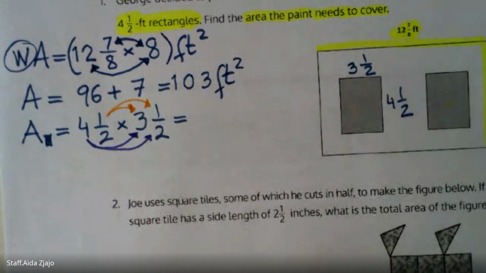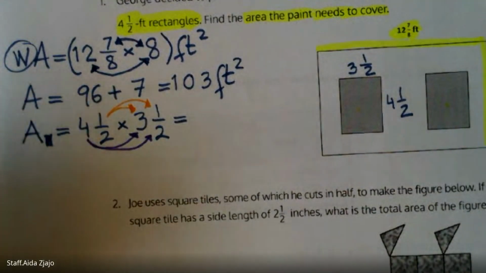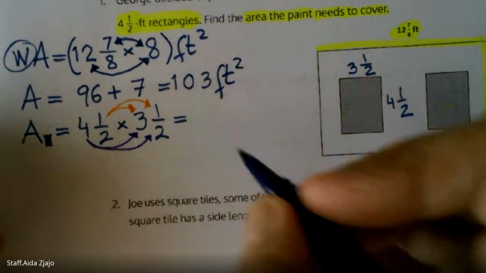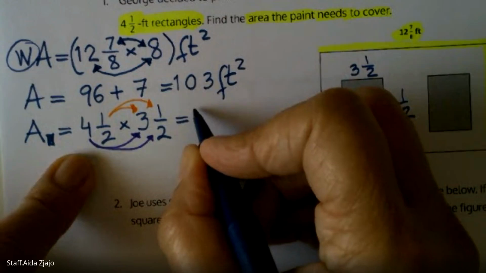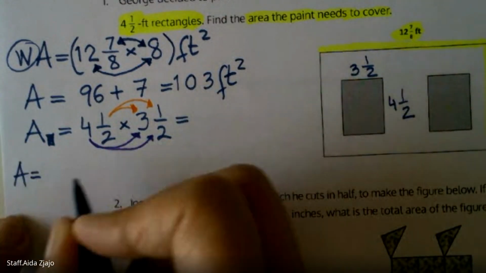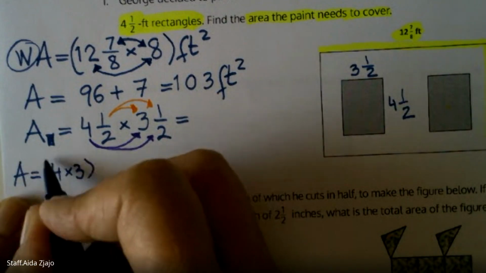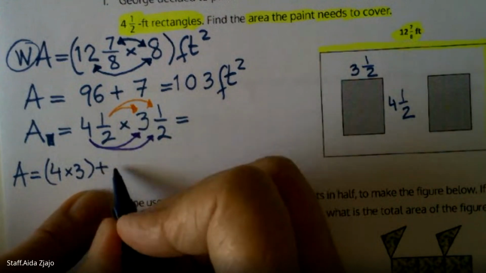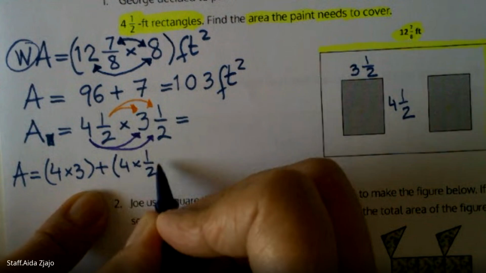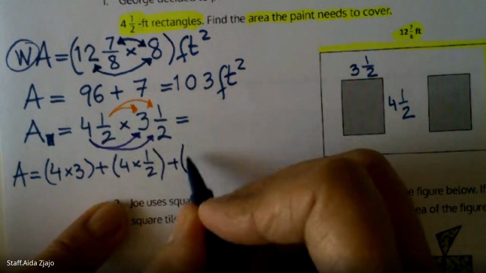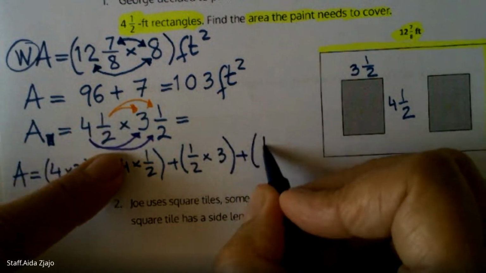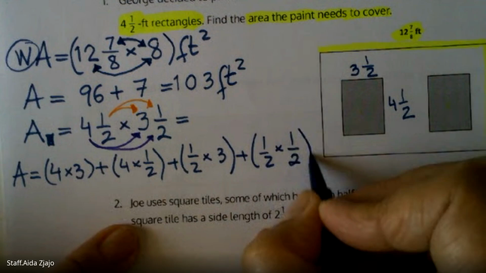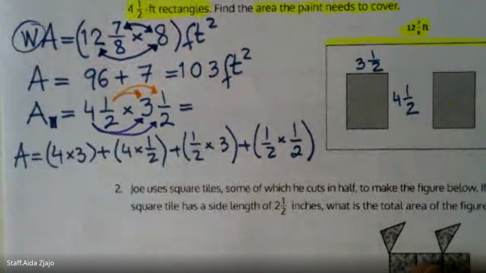Or if you use the area model, you can draw 4.5 and 3.5 and calculate that, but this is a little bit quicker. So area equals 4 times 3 plus 4 times 1/2 plus 1/2 times 3 plus 1/2 times 1/2.